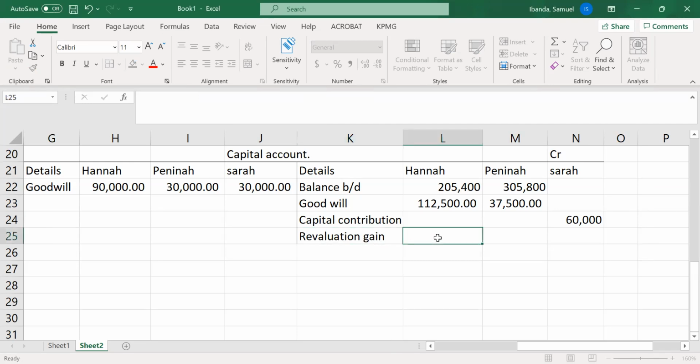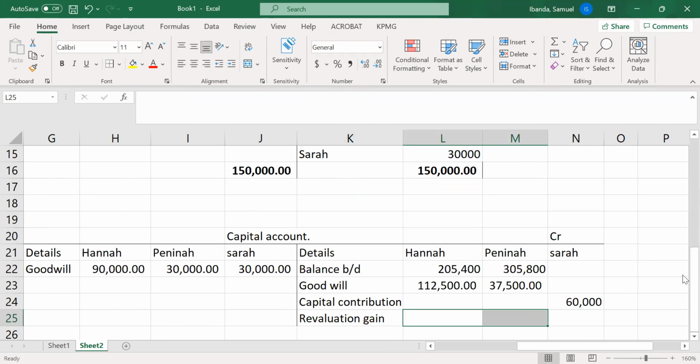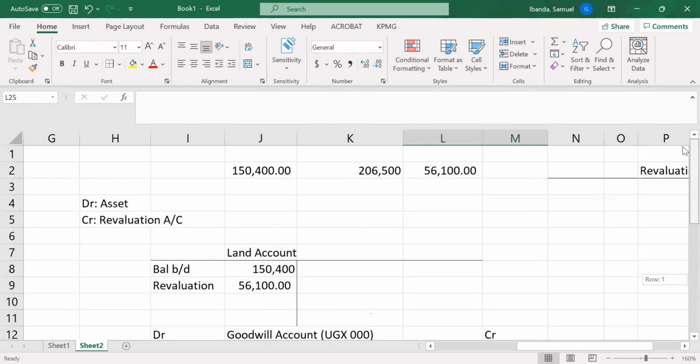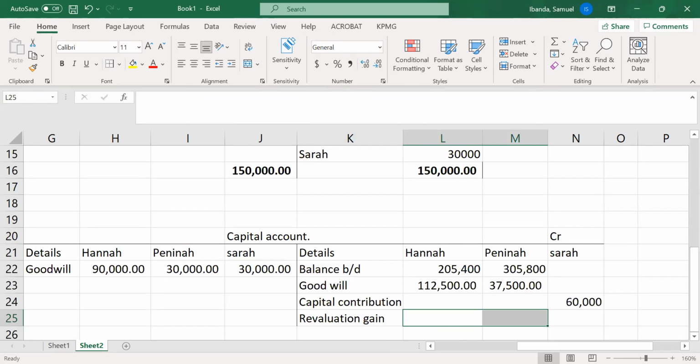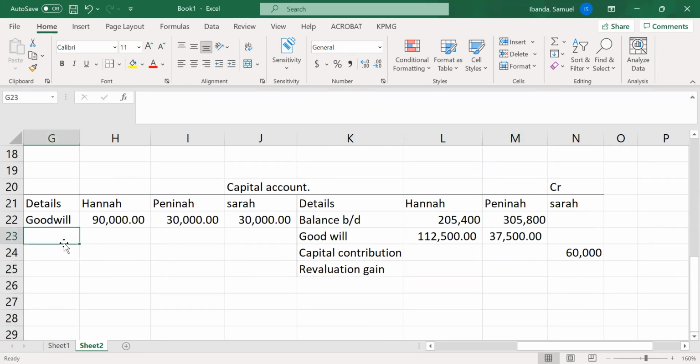We've not calculated it here, but in case you calculate it, you can come and share it using the ratio of 3:1. After you have shared that ratio of 3:1, you now balance off your capital account to determine your balance carried down. The reason why you determine your balance carried down is to balance off your capital account.